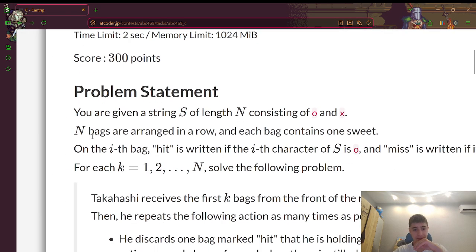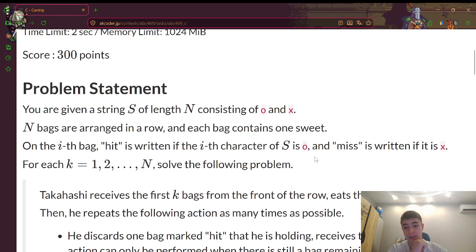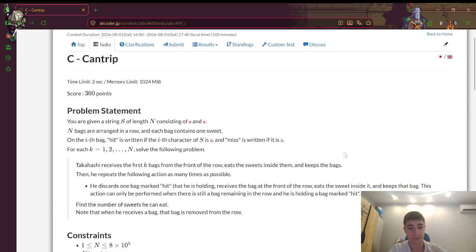The main problem is this: hit is written if the i-th character of S is O and miss is written if it is X. So it means that we don't have any switch right there.